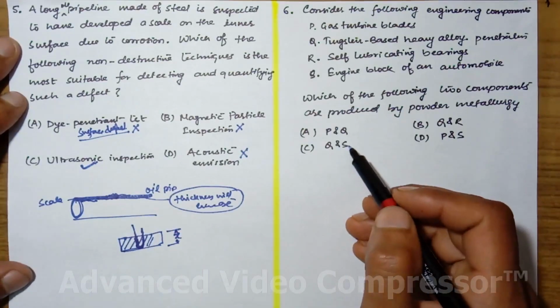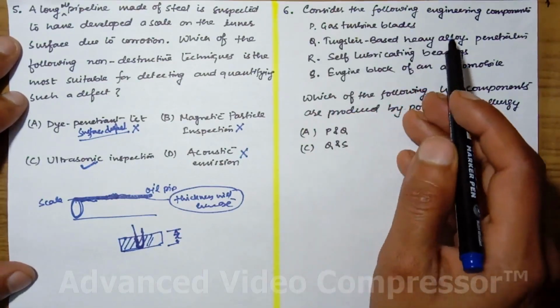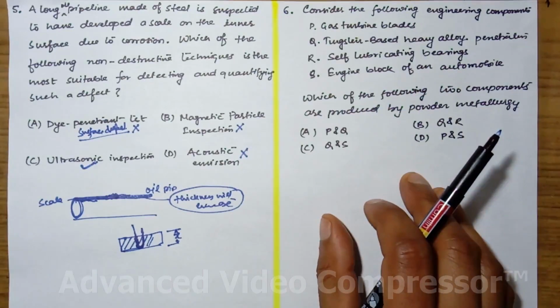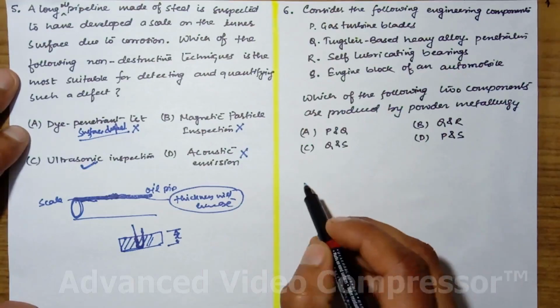Now coming to the sixth question. Consider the following engineering components: gas turbine blades, tungsten based heavy alloy penetrators, self lubricating bearings, and the engine block of an automobile. Which two components are produced by powder metallurgy?